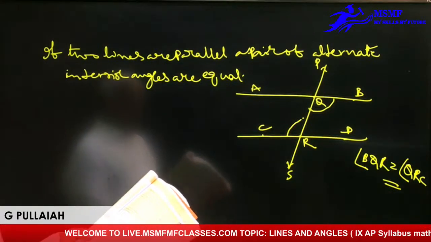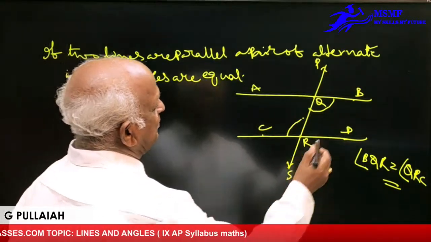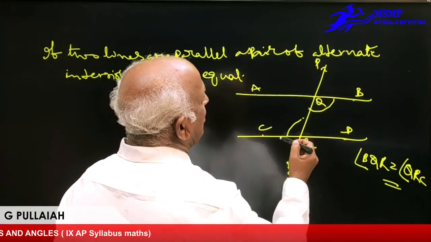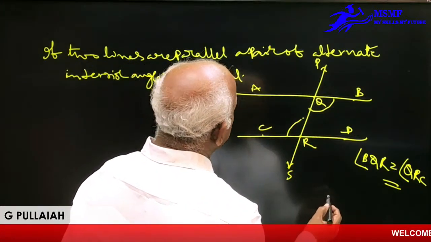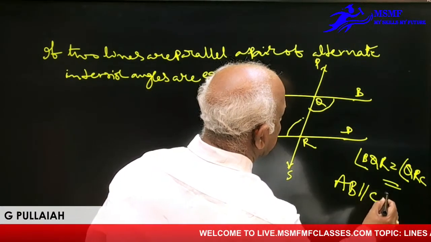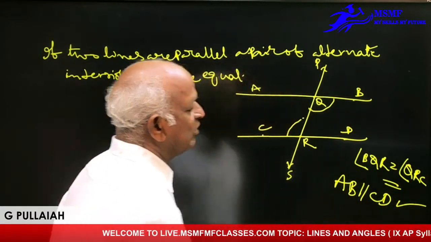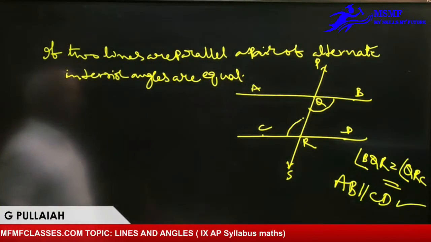So here, if angle BQR is equal to angle QRC, then we have to prove that AB is parallel to CD. Now let us prove this part, to show that AB is parallel to CD.